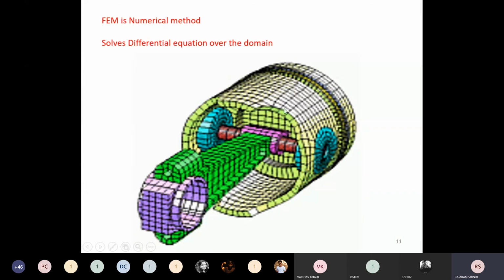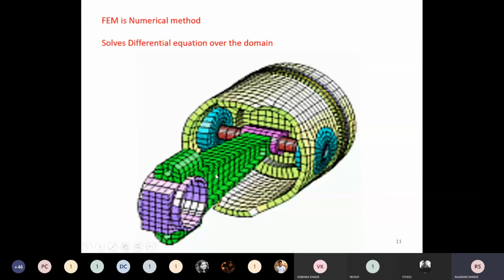Solving that differential equation over this domain is not possible by analytical methods. For that purpose we divide the domain into a number of parts. Each individual part is known as an element, and the connecting points are known as nodes. You have to remember what an element is and what a node is.